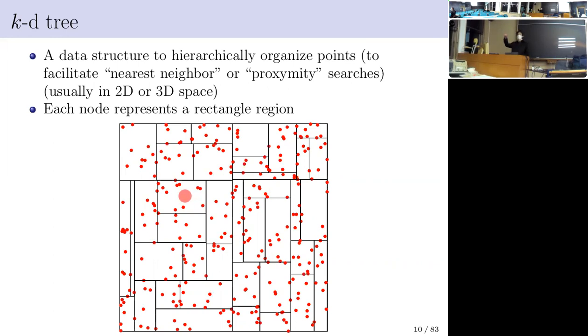Then you traverse the tree from the root to a leaf, right? And when you reach a leaf that overflows, which means that the number of points in that leaf becomes larger than the threshold, then you split the leaf into two.